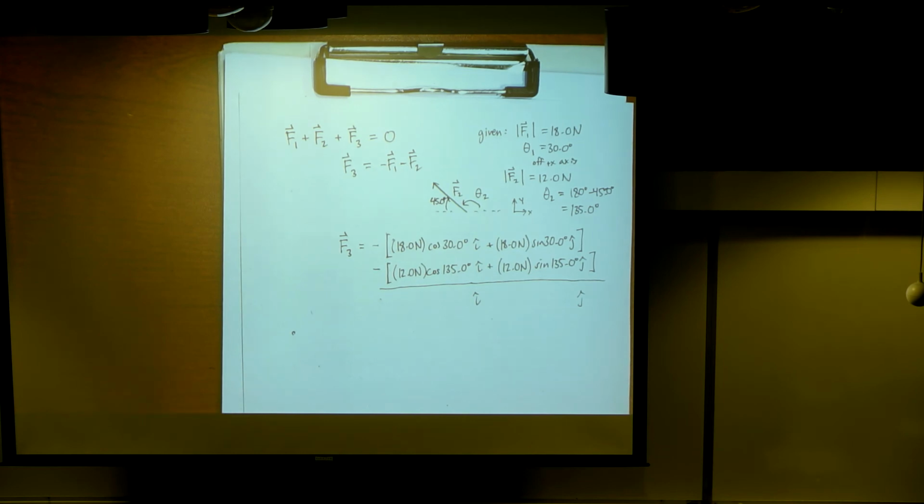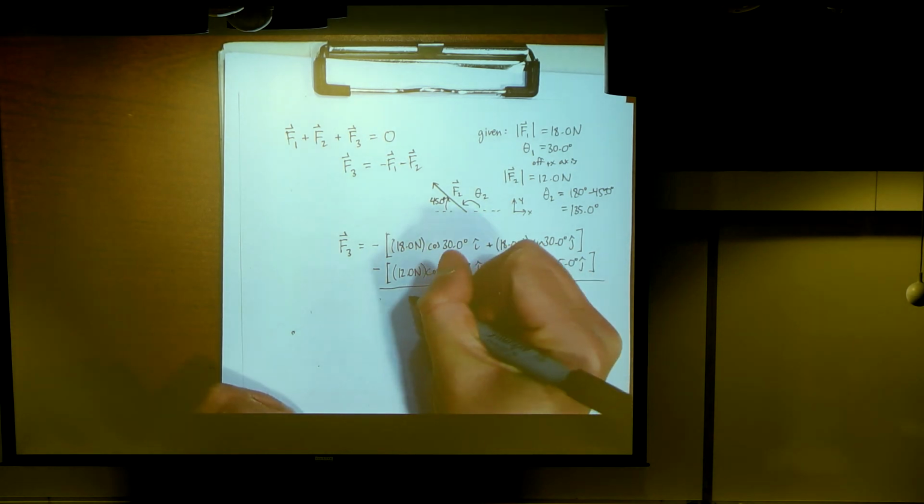Like, what do we get for the x component? Doing this addition right here. Make sure there's a negative sign in front of each term. Negative 7?